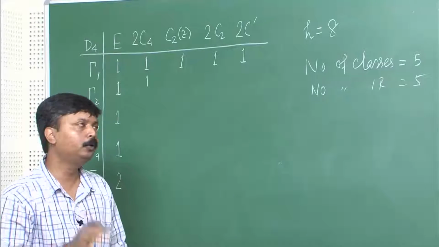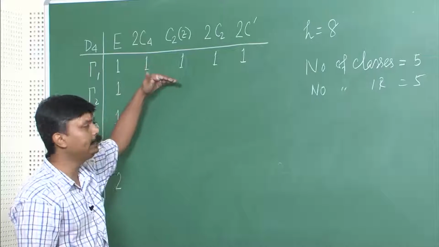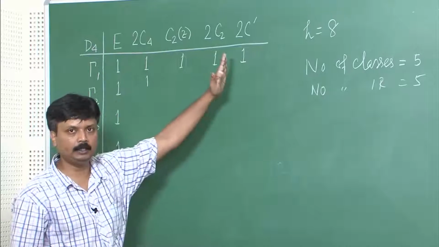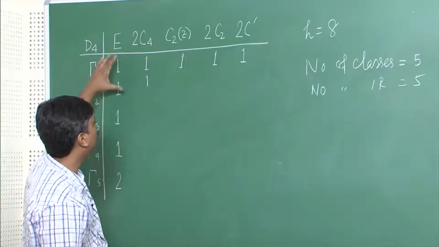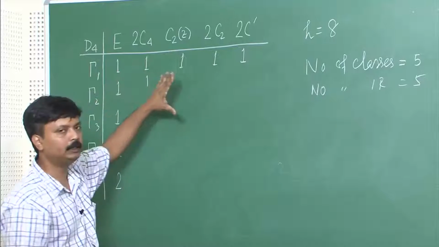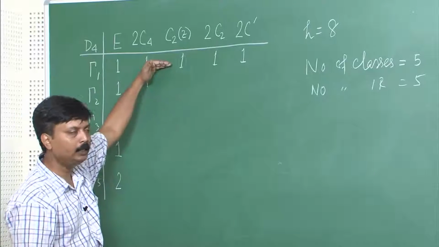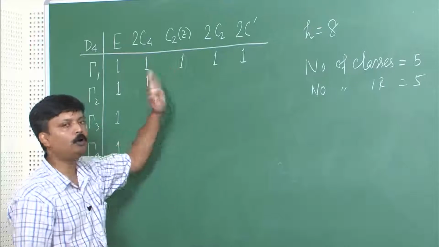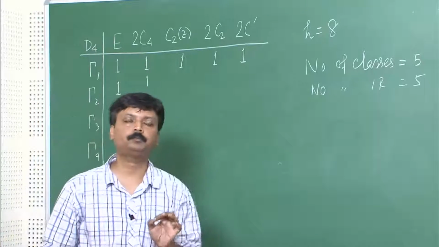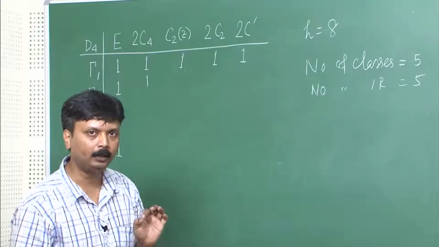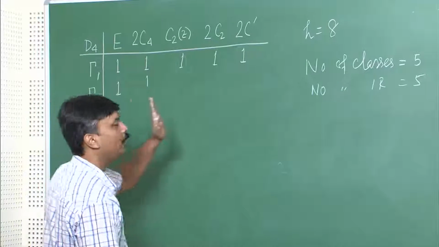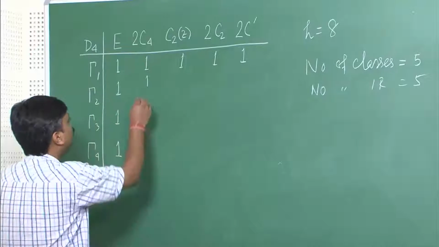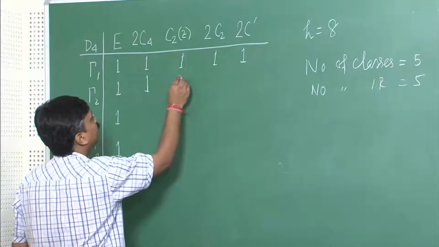If I have to make them orthogonal, say we already have this totally symmetric irreducible representation. If I want to form another irreducible representation which is orthogonal to this, I have to make 4 of the operations have character +1, while the other 4 will have -1 as character. So, if I do that, very simply I can get it.